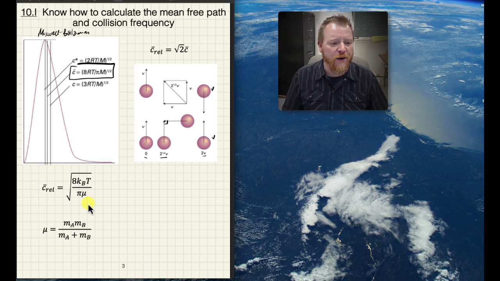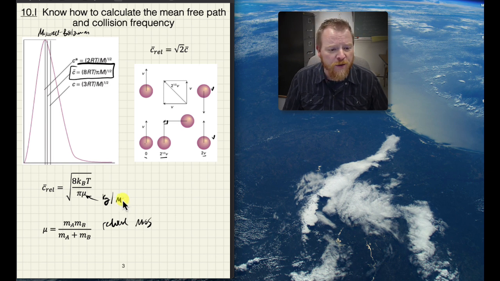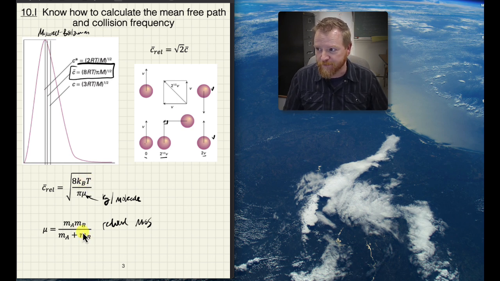So recall here that we now have to use the reduced mass to describe this collision pair. And so that means if we're using the correct units, we want that to be in kilograms per molecule when using Boltzmann's constant. Okay?